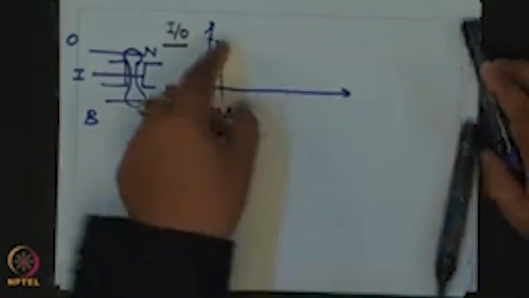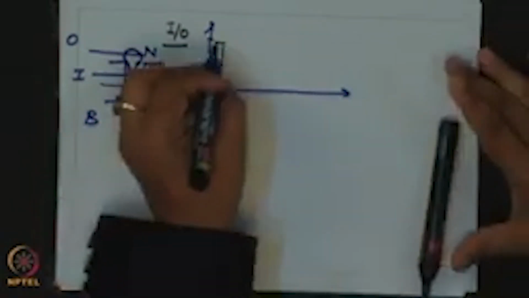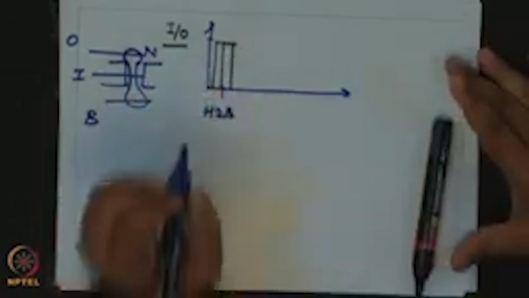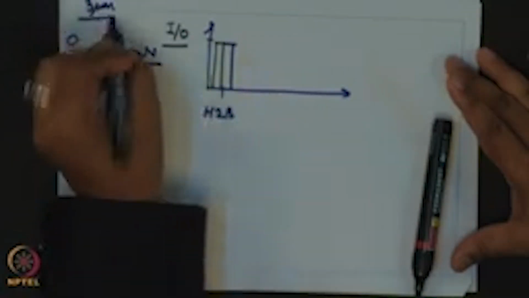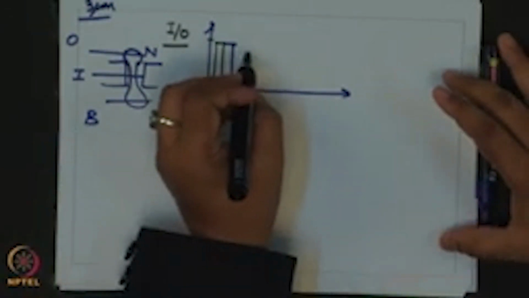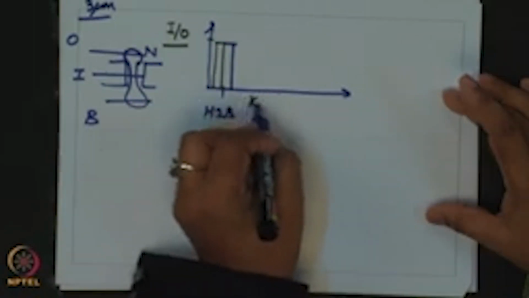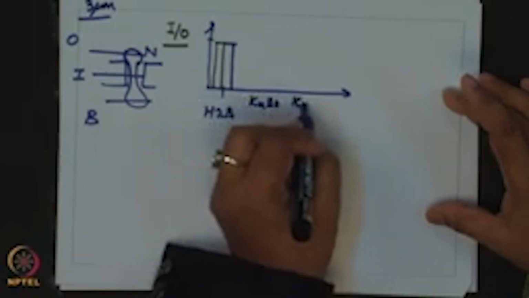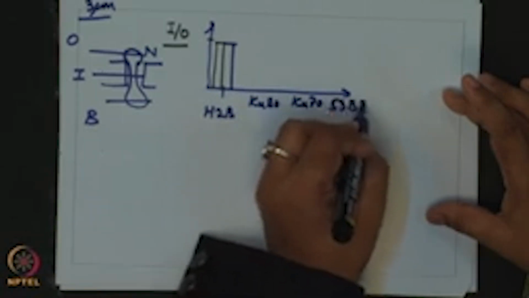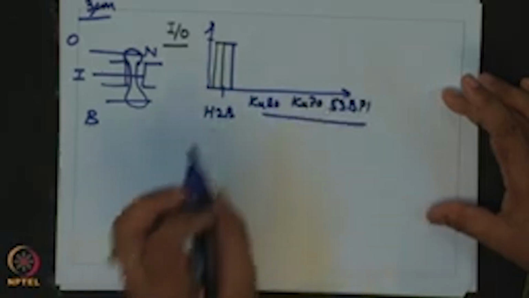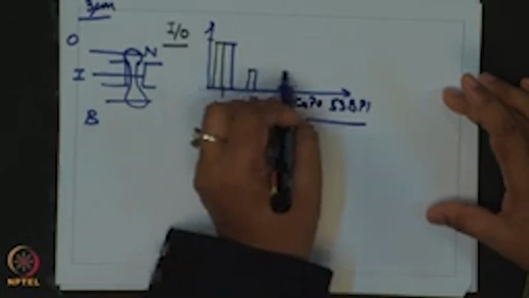Okay. If this is the profile of the DNA, H2B gives the exact same profile. Okay. Your pore size is 3 microns. Okay. But when you track it for, let us say, Ku80, Ku70 and 53BP1, for these proteins this is a lot less.